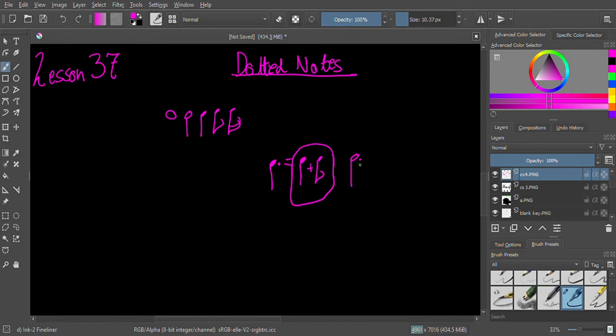And now suddenly this dotted half note is worth the value of a half note plus the value of half of the half note, which is going to be a quarter note. So it's basically 1.5 times the value of a half. So when you put a dot, what you're doing is adding half the value of the note to it, essentially.